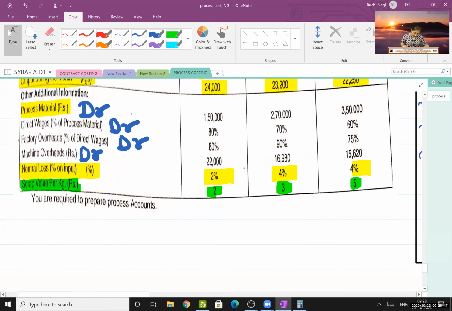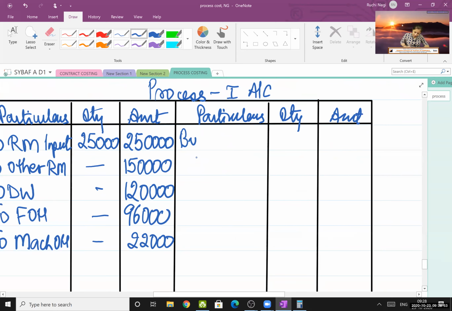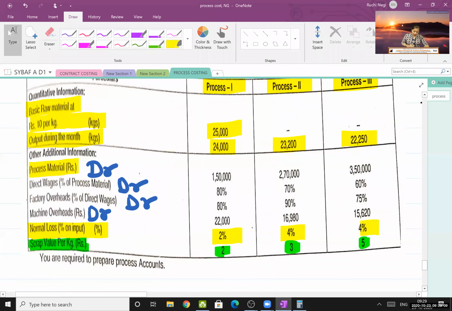Next, what is normal loss? How much is it? 2% is given. Let us take that. So right here, by normal loss. Okay, in normal loss, which one is this? Scrap loss. Okay, so write down scrap loss. How much is the scrap loss? 2%. Okay, and they have given 2% of what? Percentage on input. I also gave you the formula. Normal loss is what?